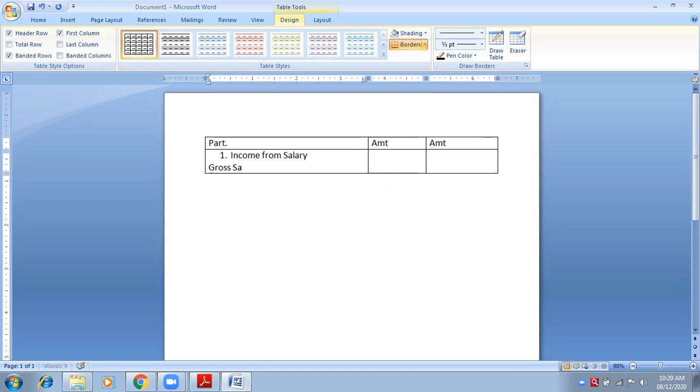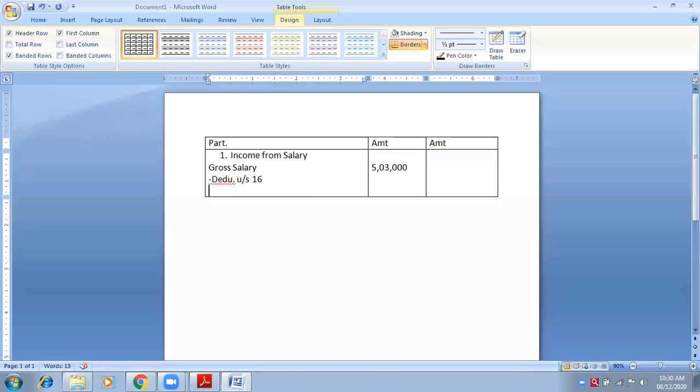What is your gross salary? 5 lakh 3,000. Okay. Next, after gross salary, we have written less deductions under section 16. Now after that, you write 16 subsection 1A. You remember how to write 1A?